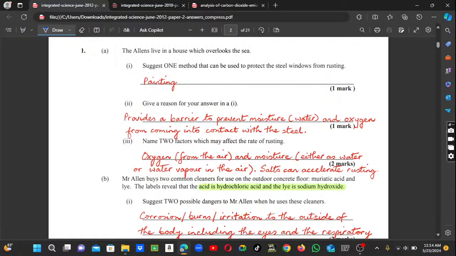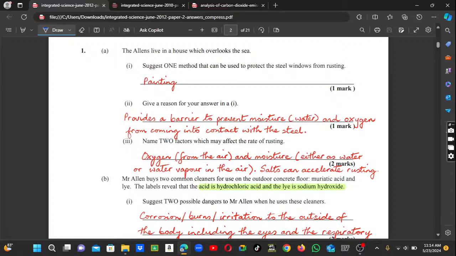Another question says we need to name 2 factors which may affect the rate of rusting. First, the oxygen from the air, guys, and the moisture, either as water or the water vapor in the air. The oxygen combining with the moisture would cause the rust to be effective.